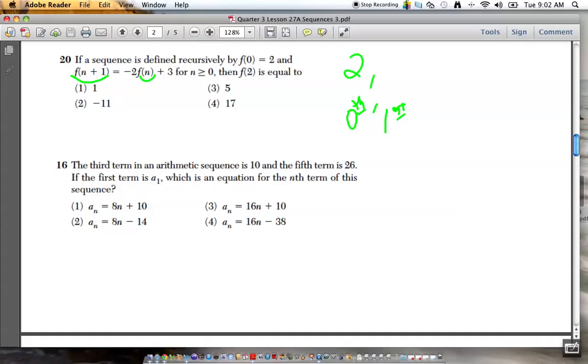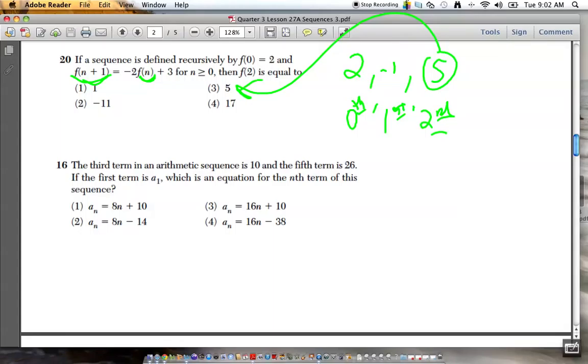Negative 4, plus 3 is negative 1. Now we're going to do the second term, which is f of 2. So once again, new term, previous term. I have to do negative 2 times the previous term. The previous term is negative 1. What's negative 2 times negative 1? Positive 2, plus 3? 5.